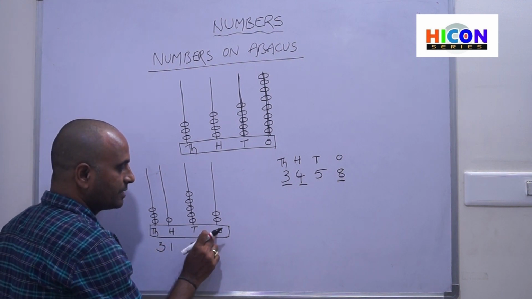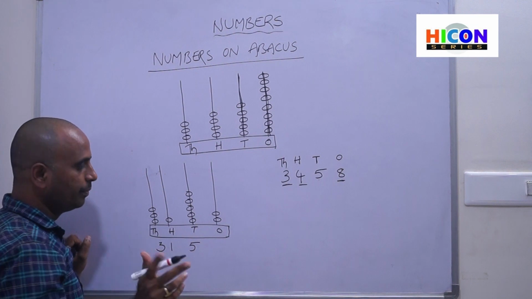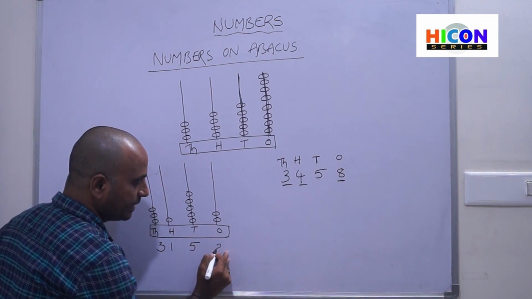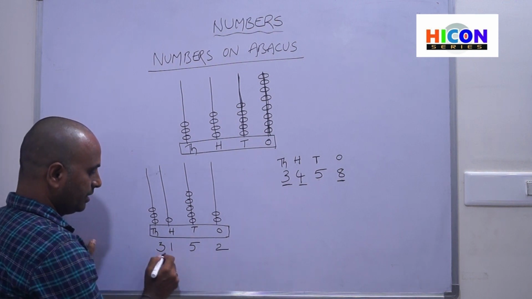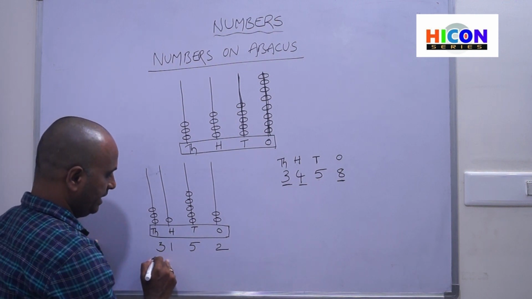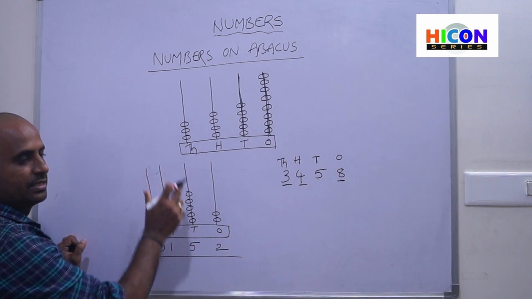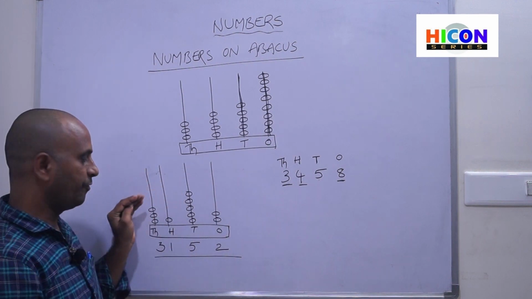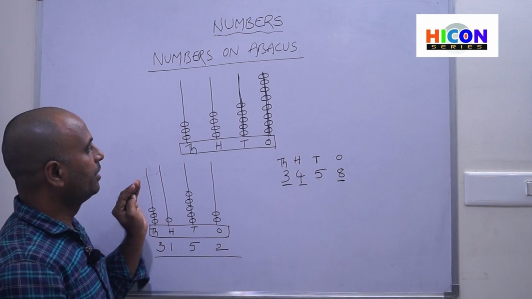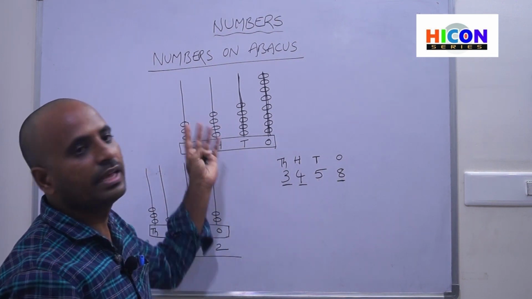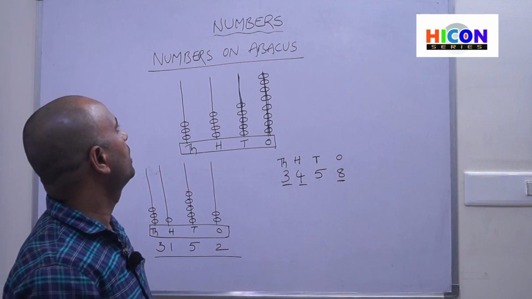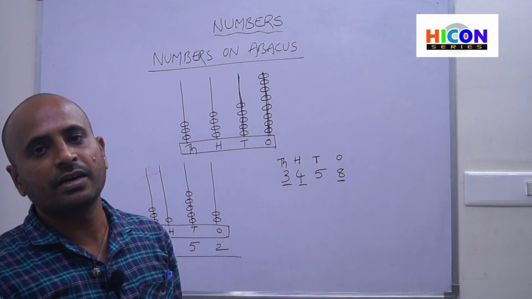The ones place stick contains 2 beads, that means 2 is present in ones place. So now the number is 3152. This is the way of writing a number from the given abacus, and this is how to draw a number on the abacus. This is the representation of numbers on abacus.